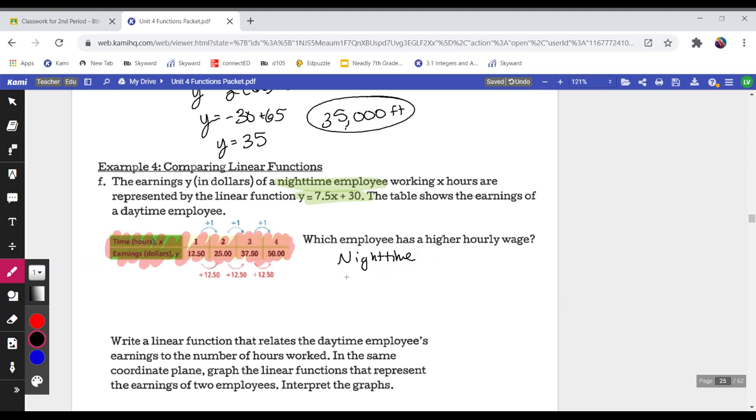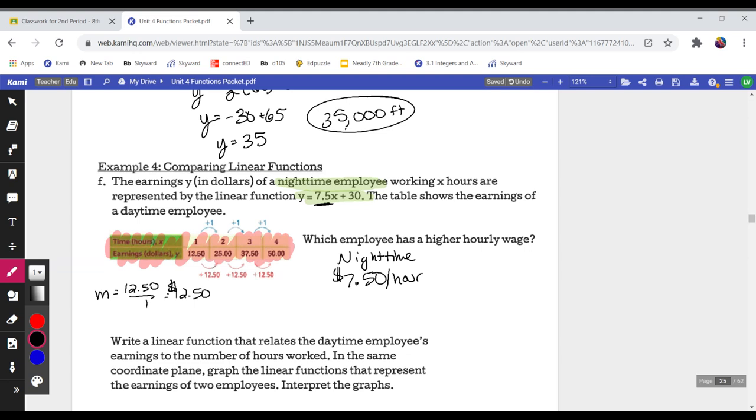The nighttime employee is getting 7.5, so $7.50 per hour, based off of the 7.5 attached to that x. And for the daytime employee, our slope equals 12.5 divided by 1, which is 12.5. So this is $12.50 for the daytime employee.